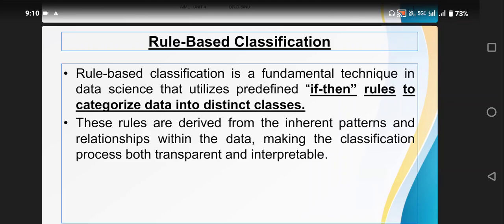Rule-based classification is a fundamental technique in data science that utilizes if-then rules to categorize the data into distinct classes. These rules are derived from the inherent patterns and relationships within the data, making the classification process both transparent and interpretable.